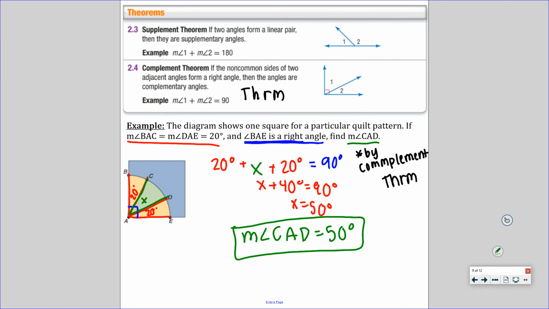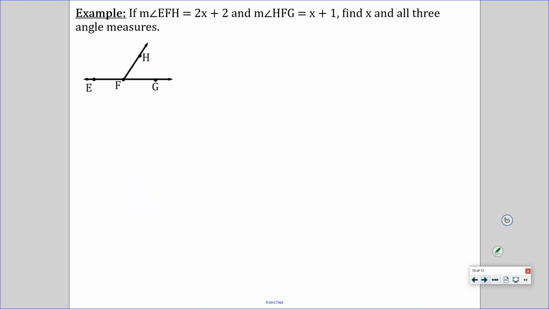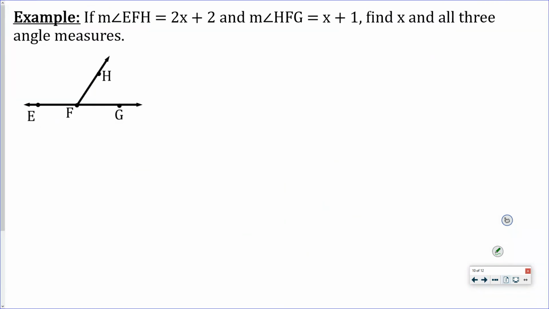One more, similar to this. If the measure of EFH is 2x plus 2, and the measure of HFG is x plus 1, find x and all three angle measures.